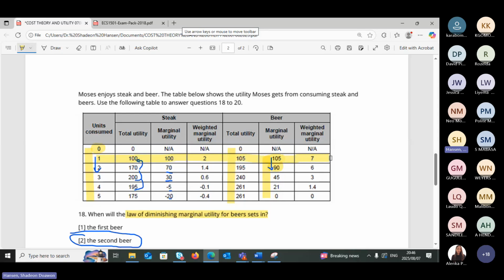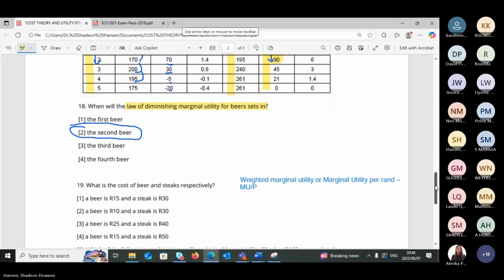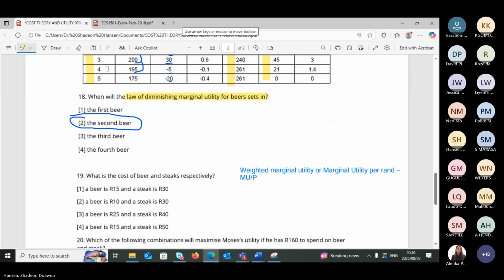Why? Because your weighted marginal utility does change if you move along. But please note, students, in order to find the price of steaks and the price of beer, we use the first line, the first row. So now let's first look at steak.